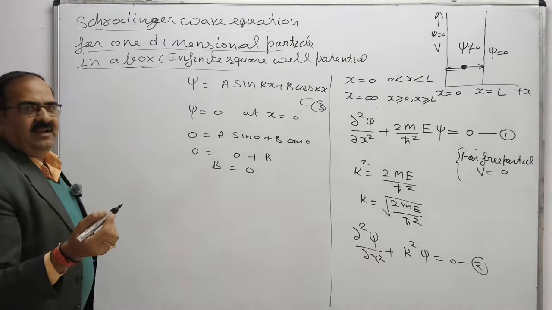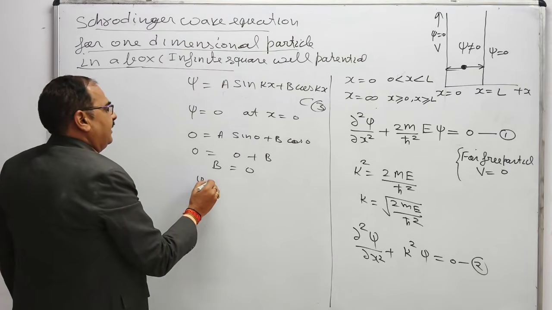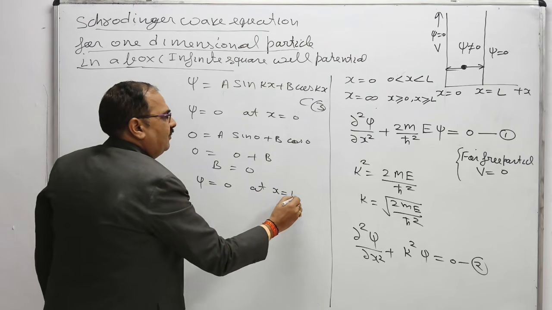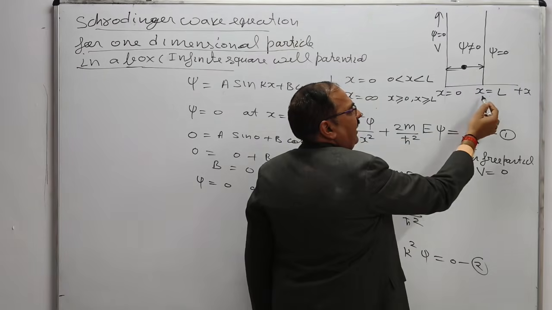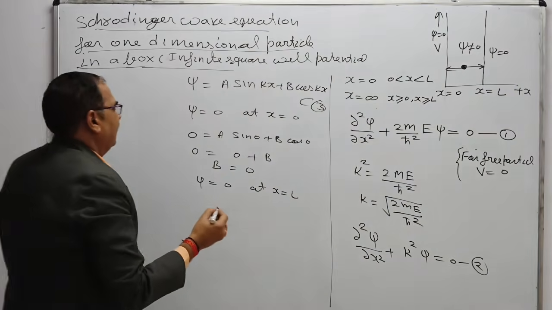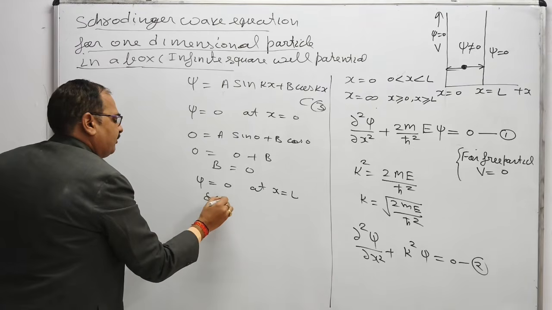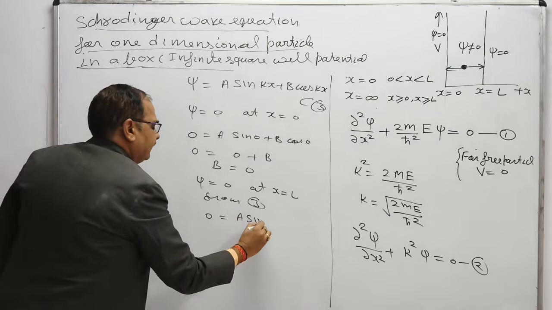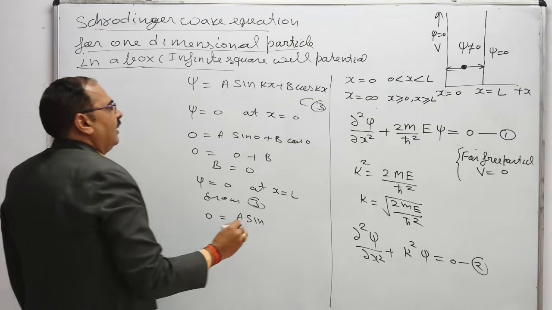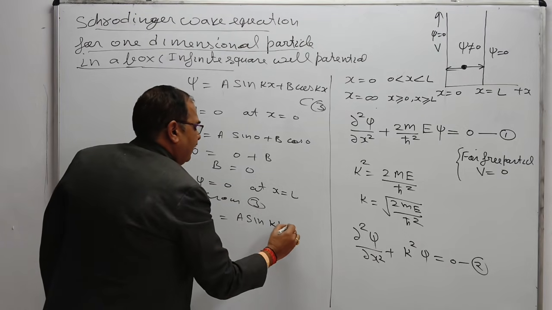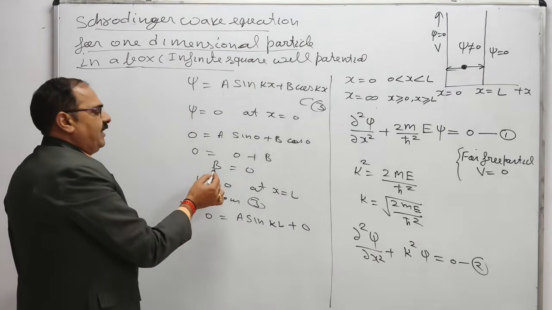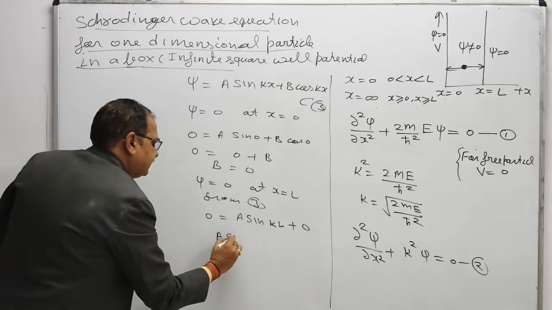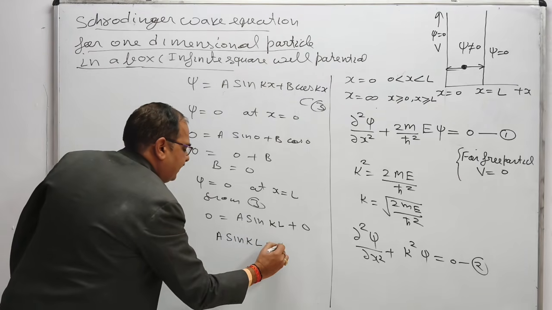The second boundary condition is used: psi is equal to 0 at x is equal to L. Then from equation 3, 0 is equal to A sin kL plus 0, because the value of B is equal to 0.